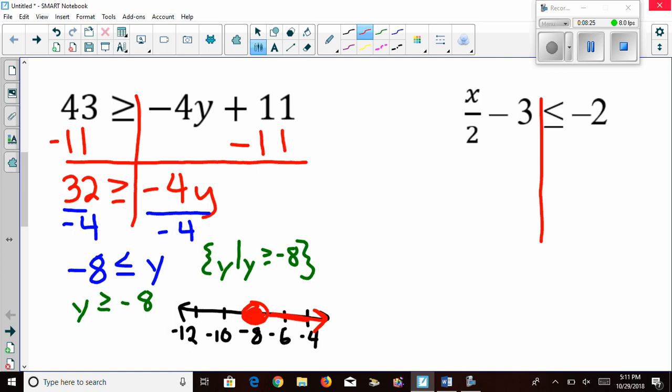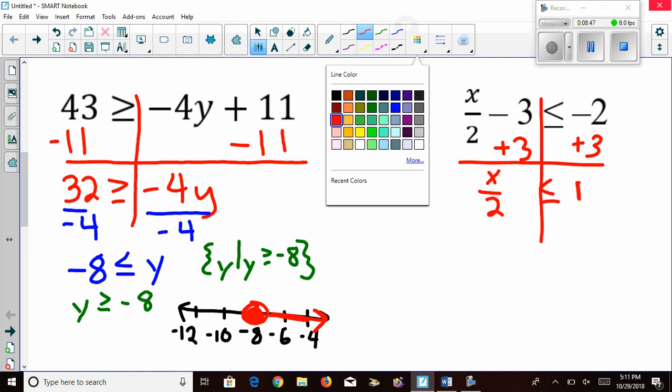And my eye should go right to that 3. Since it says minus 3, I should add 3 on both sides. And I get x over 2 is less than or equal to 1.